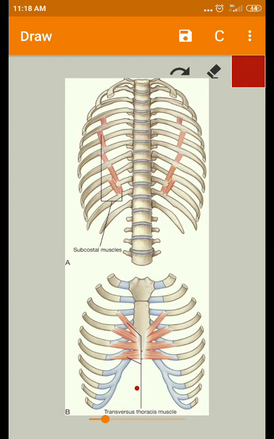So that means we can see two types of attachments: one is the inner surface of one rib near the angle to the inner surface of the second rib, or to the inner surface of the next rib.